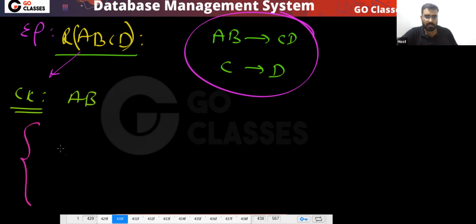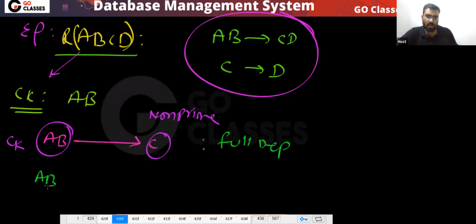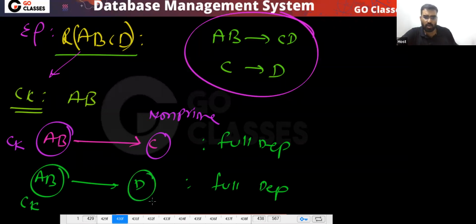If you notice that AB determining C, is this full or not? This is full dependency. Also AB determining D is full dependency. Can you notice this is the candidate key and these are non-prime?